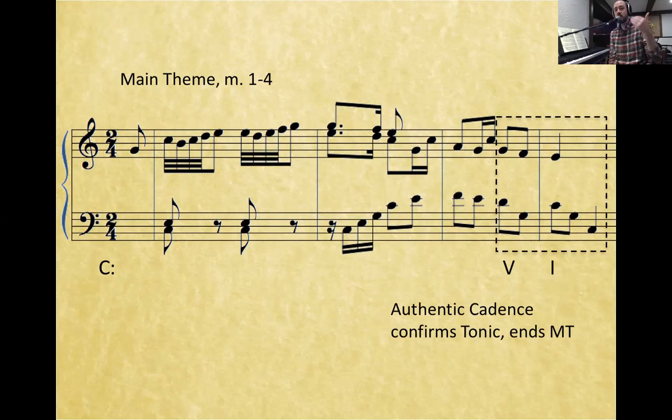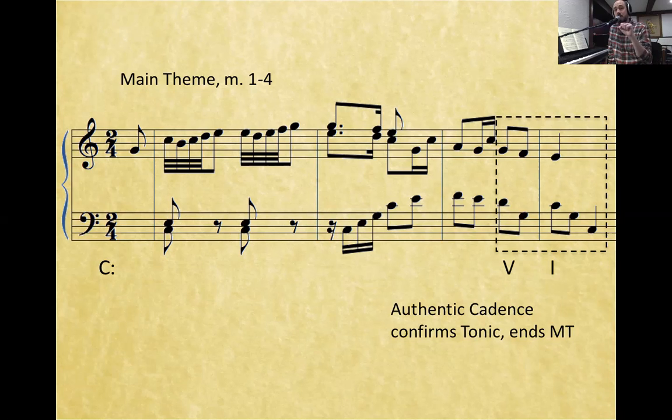Haydn wants you to know that the main theme is over here. He wants you to know that we have ended the main theme because we got a cadence in the home key, right? And if you think about the structure of a sonata, we'll see a little bit of weirdness in this one, but the structure of a sonata in the exposition section is that we've got main theme area, right, which is all in the home key.